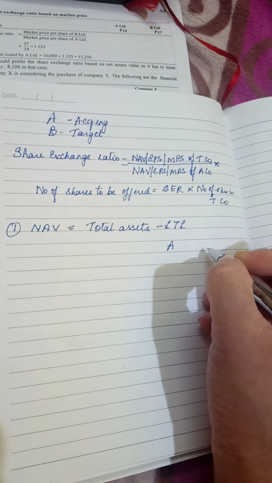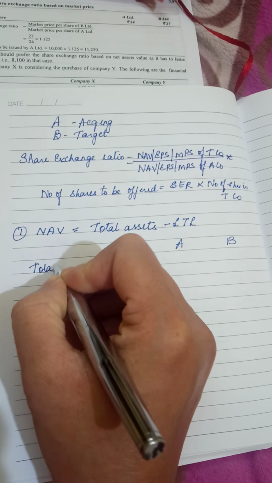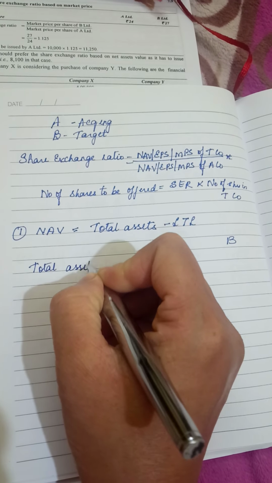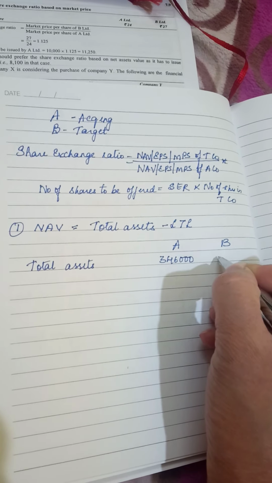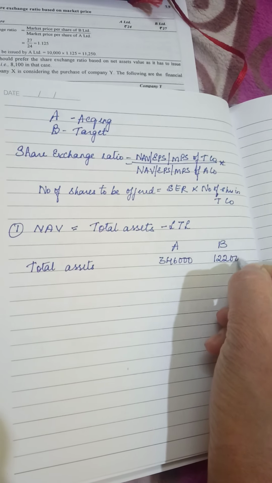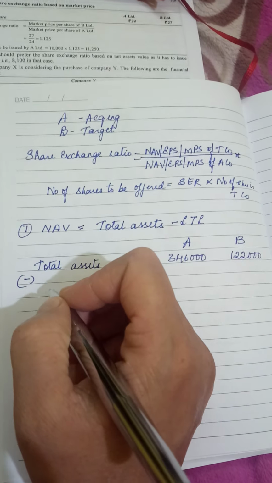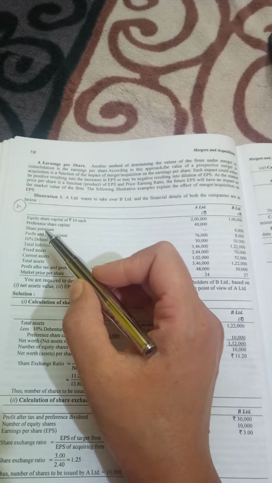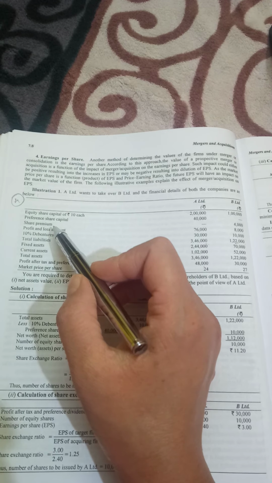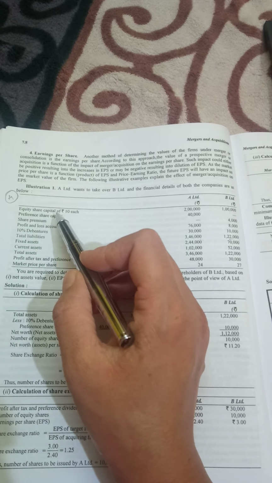Write down minus your long term liabilities which you have. Which are the liabilities we have? Preference shares, we have share premium. Please remember, share premium belongs to equity shareholders, nothing but owners fund.